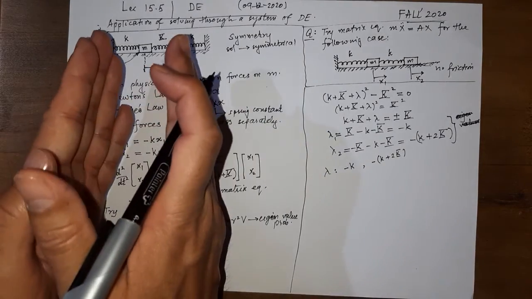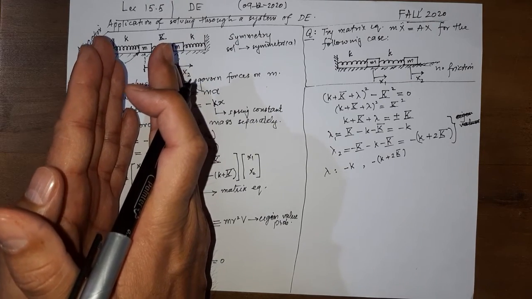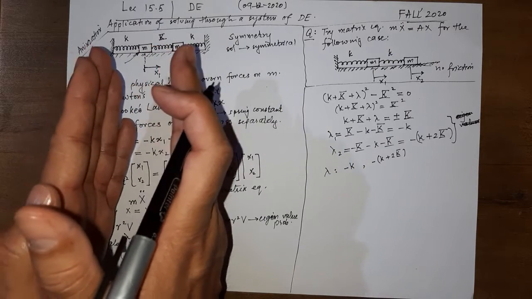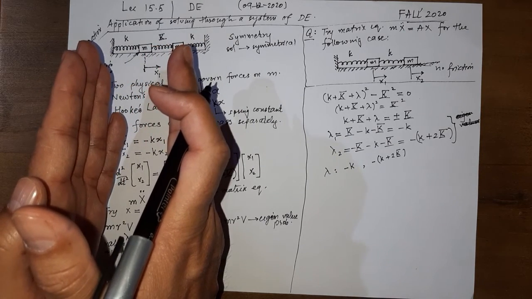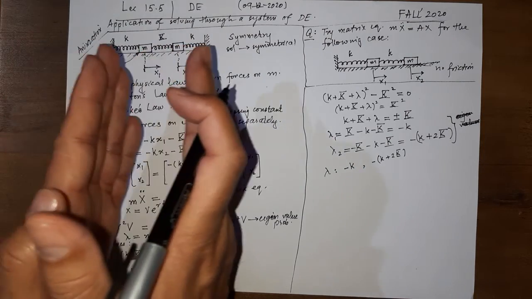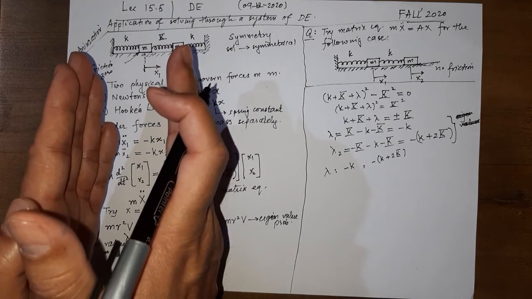So one of the modes, as I have explained, would be that both of them move together. In this case, the center spring would, at best, feel like it is not there. So the capital K is not playing any role, both of them moving together.